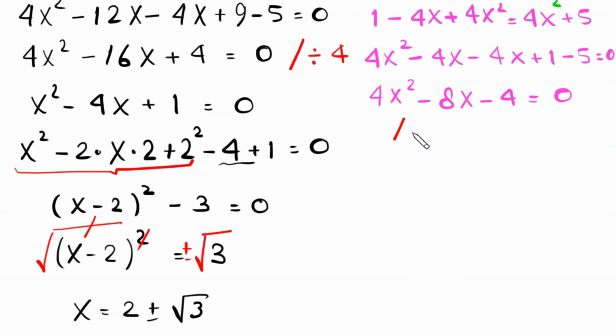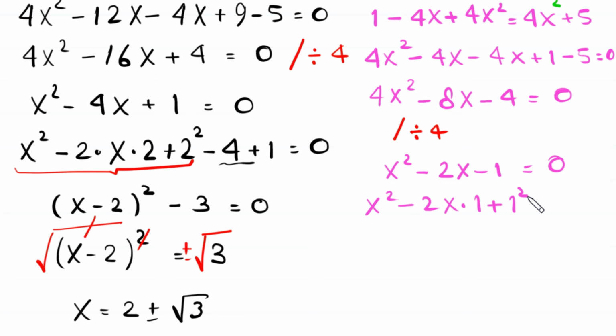If we divide the whole equation by 4, then this will become x squared minus 2 times x minus 1 equal to 0. Can rewrite this equation as x squared minus 2 times x times 1. To complete the square, we add here 1 squared and we also subtract 1.